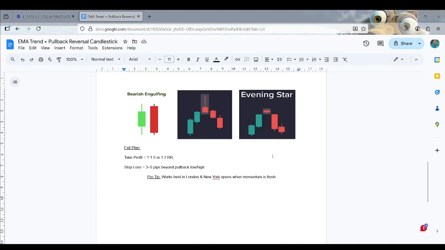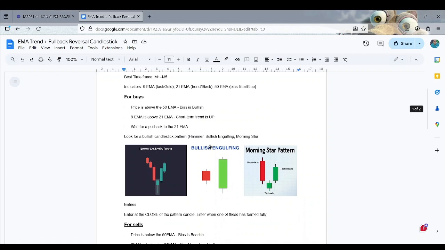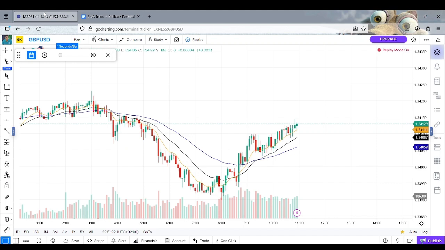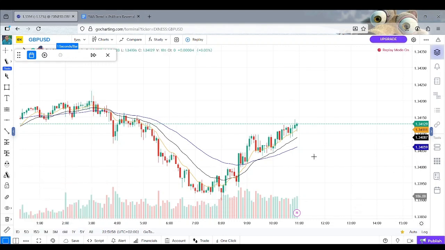Remember we said, isn't that a hammer? Let's see again. 1045. Well, does look the part. No, whatever. Let's buy.